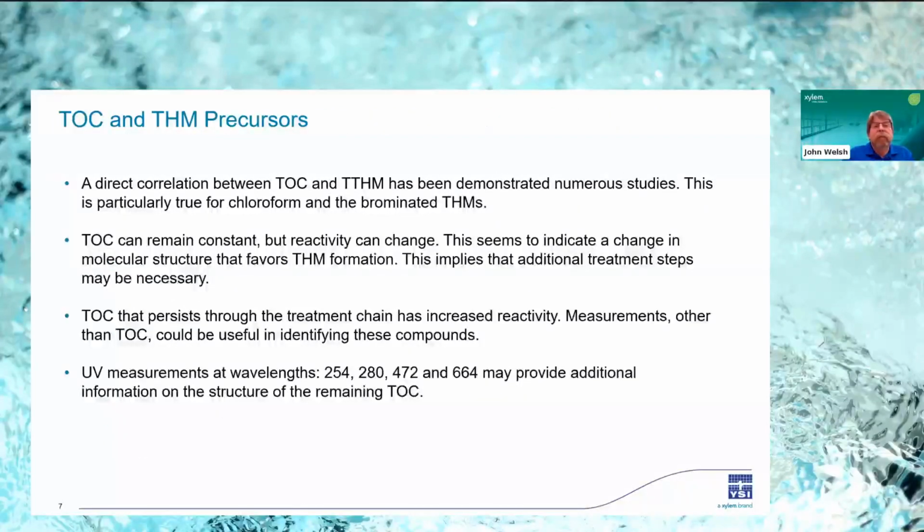TOC and THM precursors. This is a topic recently that I've found remarkably interesting. Even though we are using successive steps in a treatment process to remove carbon, there have been a number of studies that show that the residual carbon that persists through the treatment process becomes more reactive and favors THM formation.